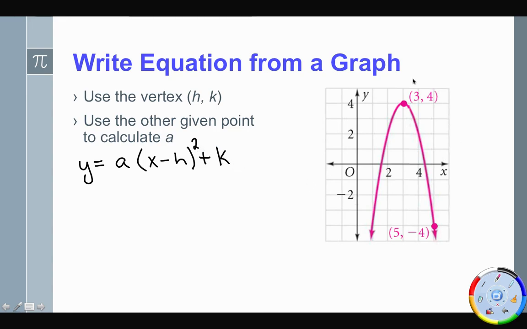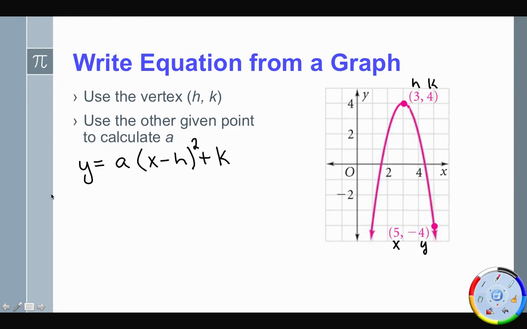On this, we have the value of h, we have the value of k, and we have another x and another y. So we can plug all 4 of those values in for y, x, h, and k, and solve for a from these given points.